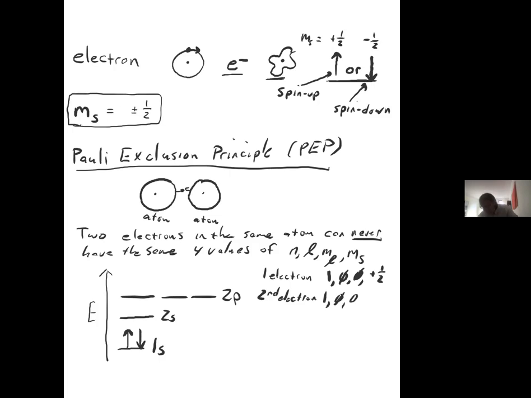M sub L is 0 because L is 0. But now it's 1, 0, 0, minus 1/2, right? Spin down is minus 1/2. That works. It gets it into the lowest possible energy, and it doesn't violate the Pauli exclusion principle because one of those four quantum numbers is different. And that's what happens in nature.